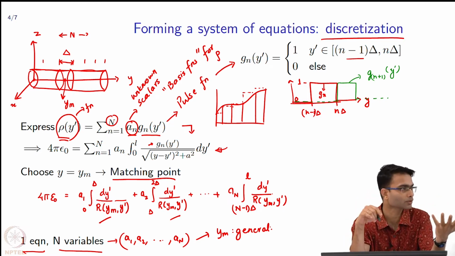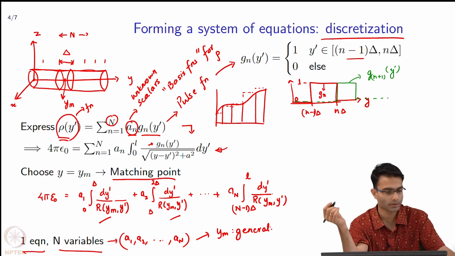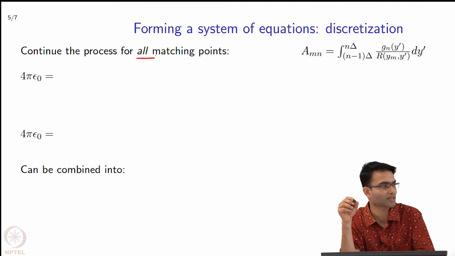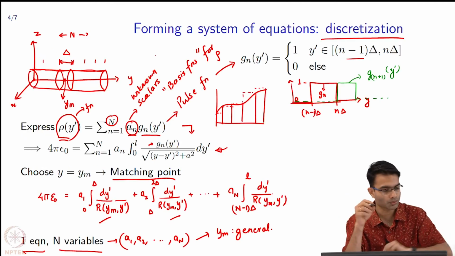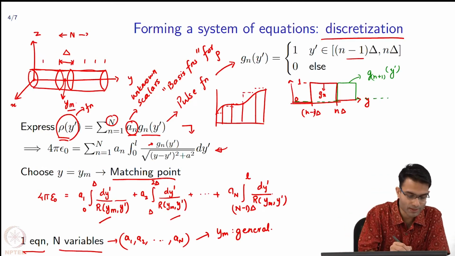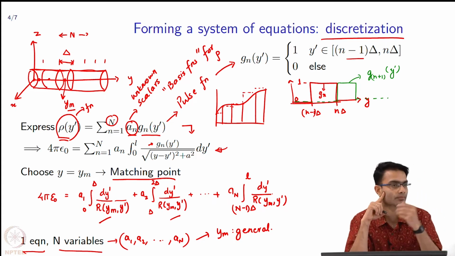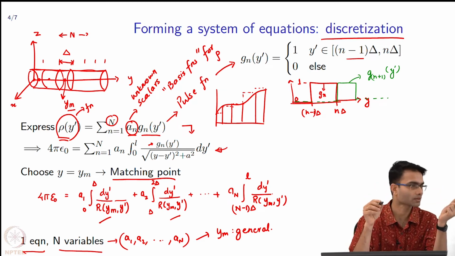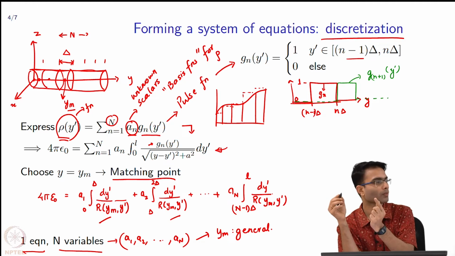So, there are n unknowns, I need n equations, right. So, what we will do is continue this process for all the matching points. What matching points will we choose? We will choose these y's to be the center of each of these n segments. Since there are n segments, each segment has one center, y1, y2 all the way up to yn.